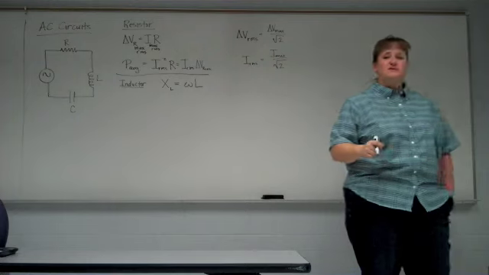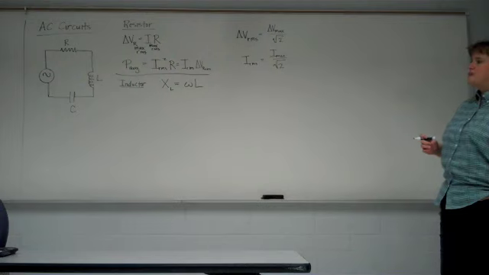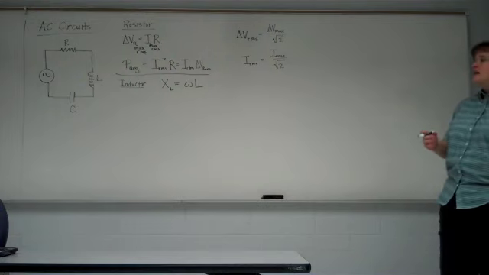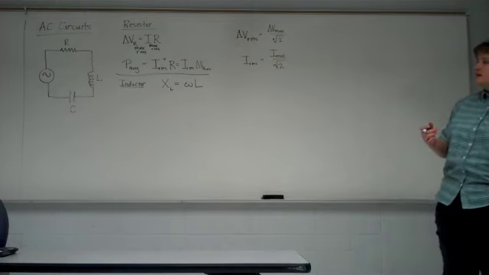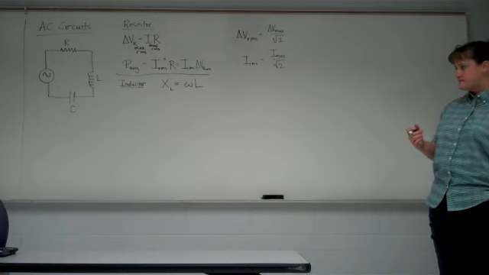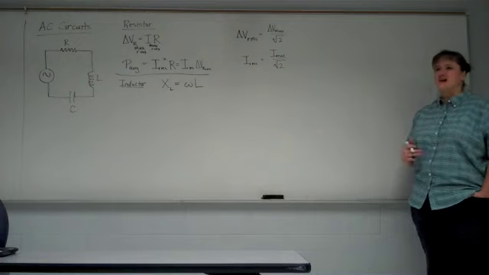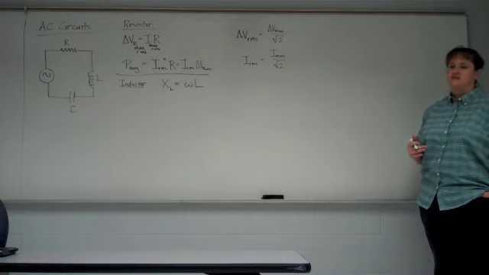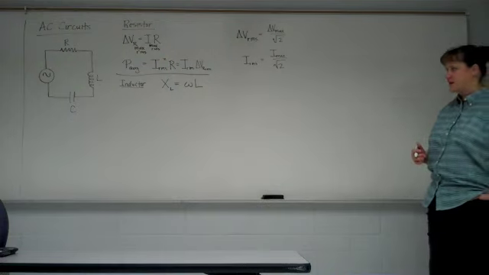So omega, angular frequency, so units of radians per second, and L being the value of the inductor. So inductive reactance is what it's called. The bigger XL is, the more the inductor is behaving as if it were a bigger resistor.